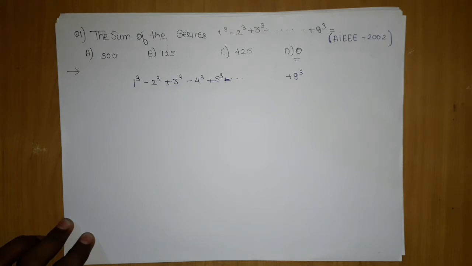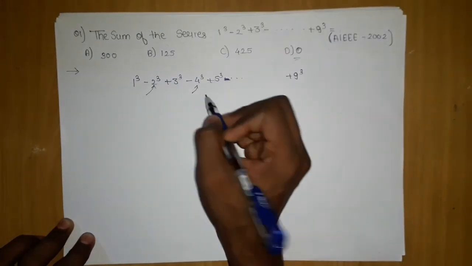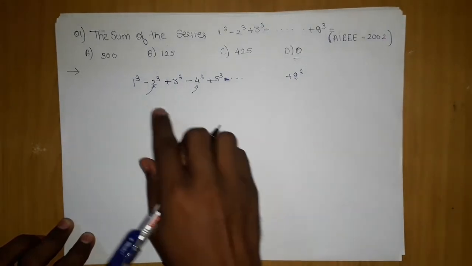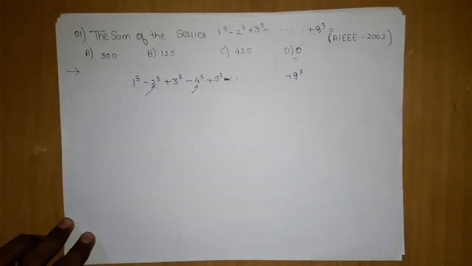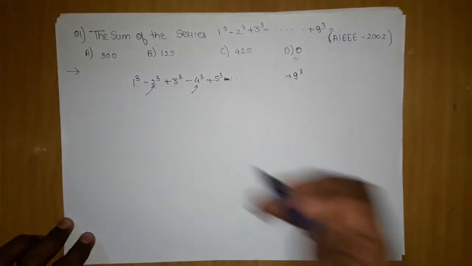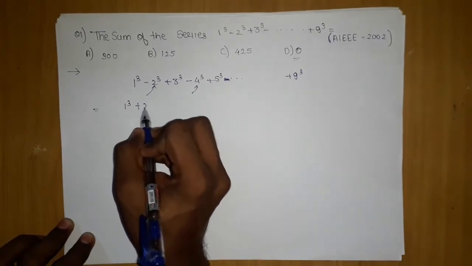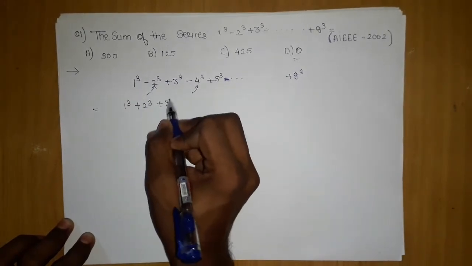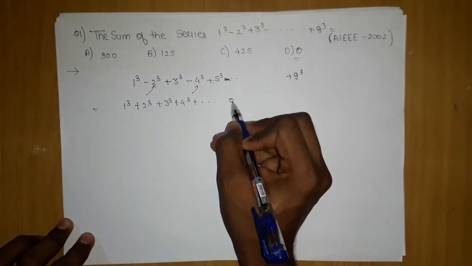So what will I do? I will add these terms and subtract these terms. But you will say that I already have these negative terms. When you add and subtract the negative terms, the negative terms will become twice, and the positive terms will be single only. You will understand what I'm telling. Listen, this will become 1 cube, 2 cube, 3 cube, plus 4 cube, and so on till 9 cube.